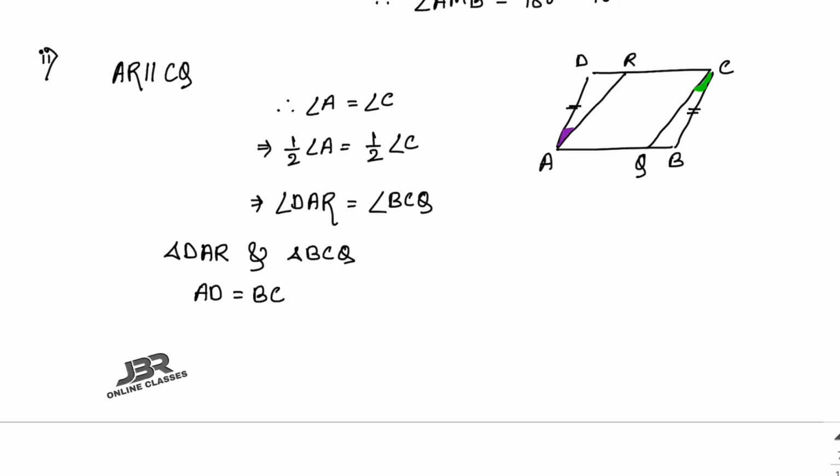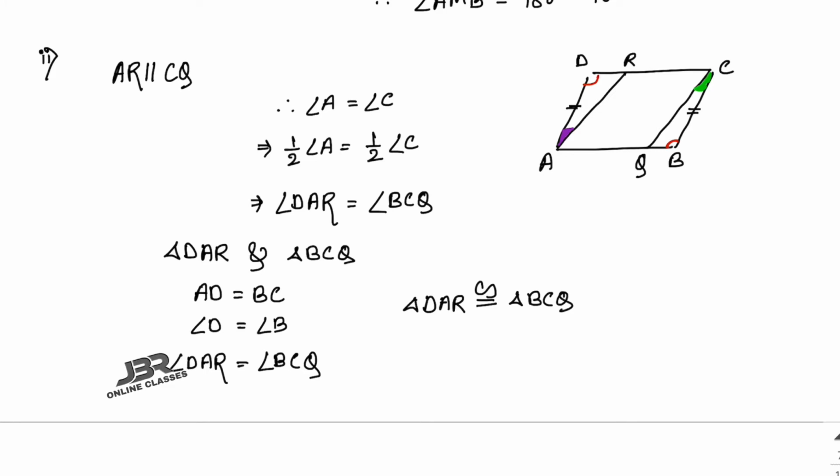Next, angle D is equal to angle B because opposite angles in a parallelogram are equal. And the third, angle DAR equals angle BCQ. So triangle DAR is congruent with triangle BCQ.